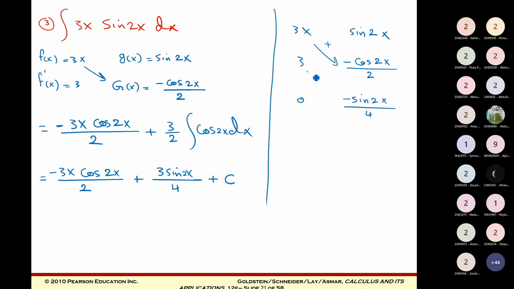Now this is positive, this is negative. So we have negative 3x cosine 2x over 2, negative, so we have positive 3 sine 2x over 4 plus c. Any question?